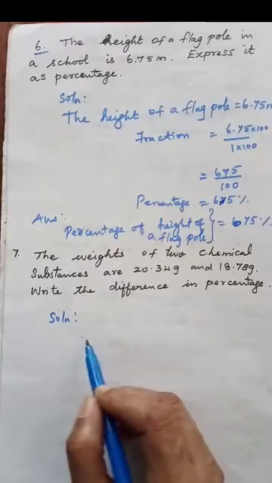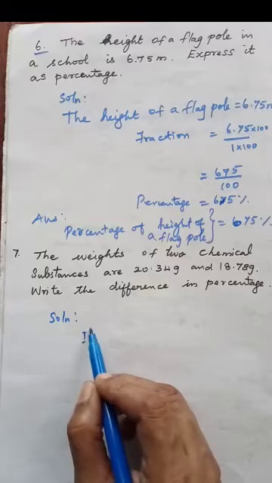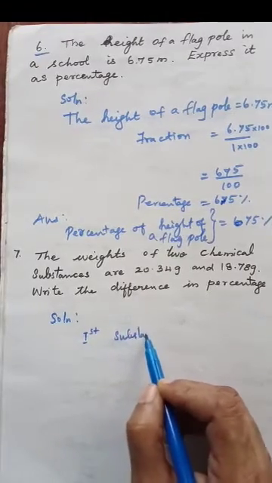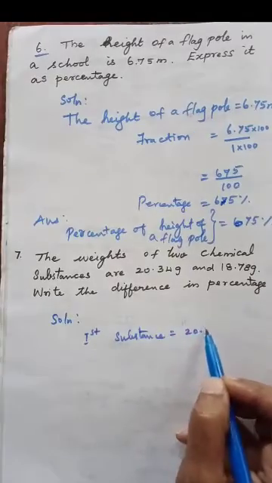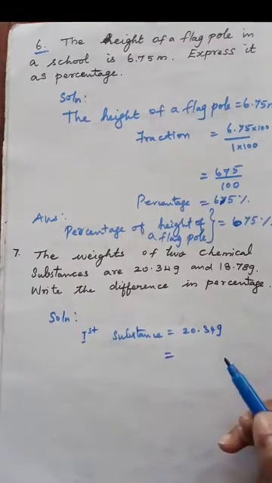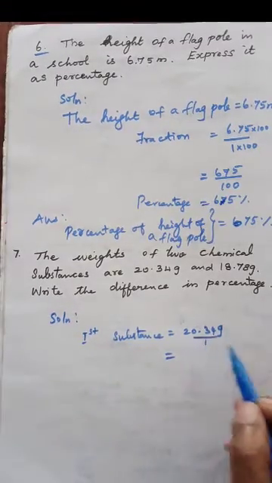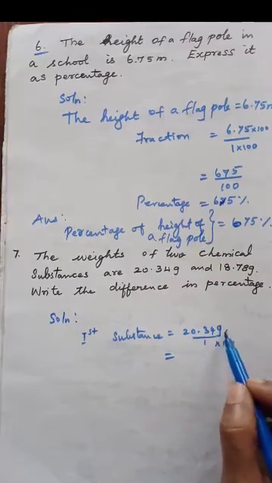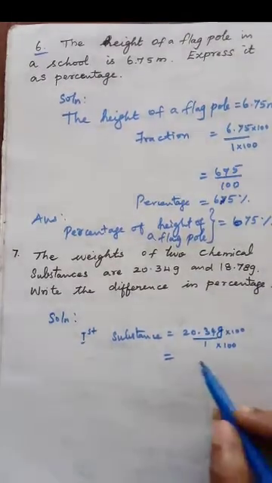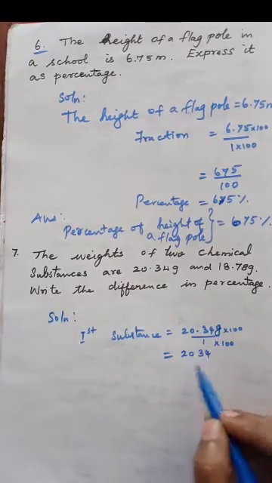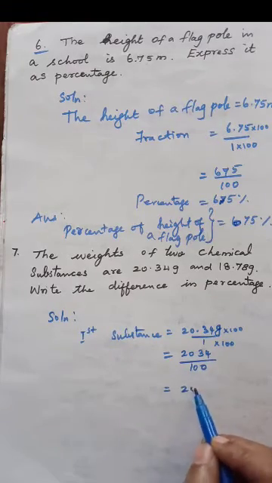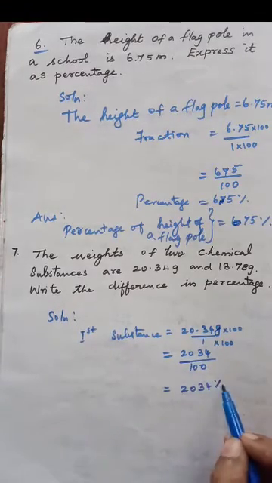The first substance is equal to 20.34 gram. We have to change this to percentage first. For denominator 1, you multiply both numerator and denominator by 100. So 2034 divided by 100. So the percentage is 2034 percentage.